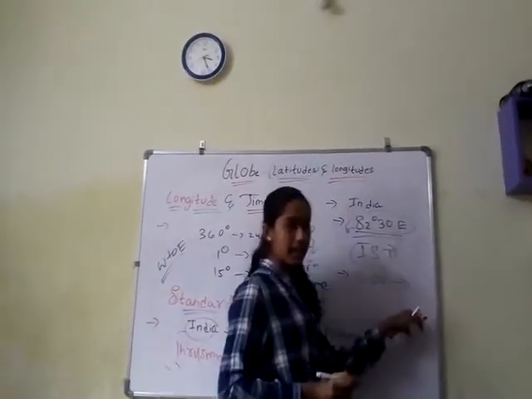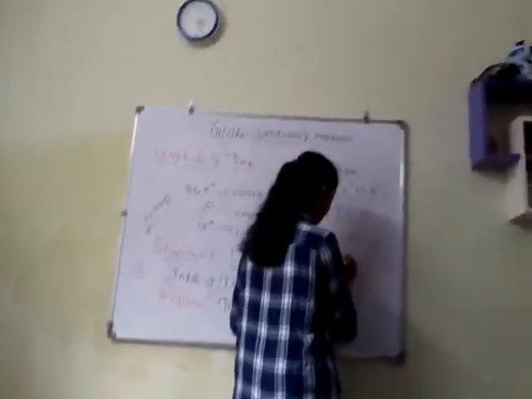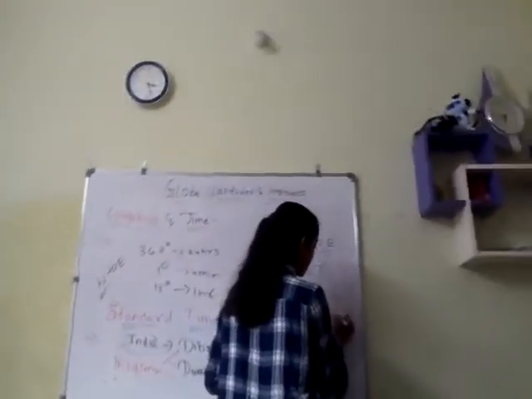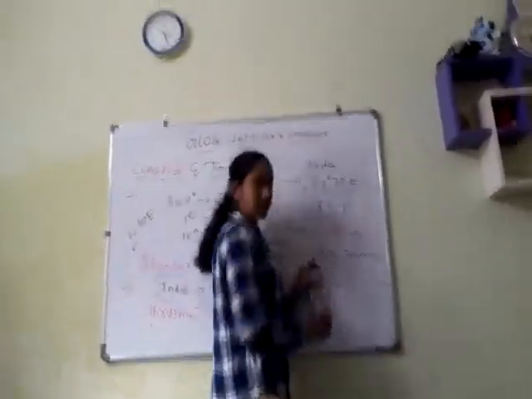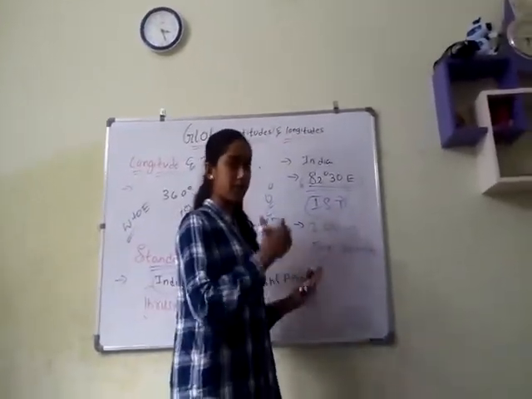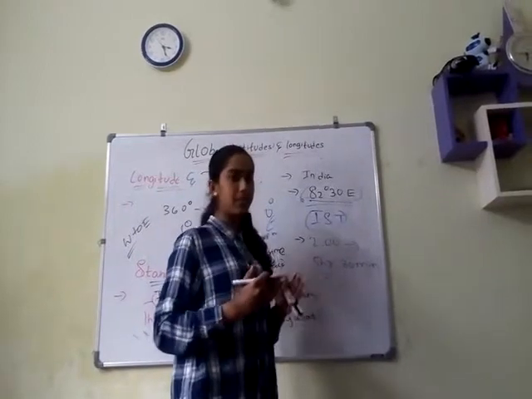If you calculate, our timing will be 5 hours 30 minutes ahead of the Greenwich time, based on the difference of the longitude. Between each longitude there is a 15 degrees difference.